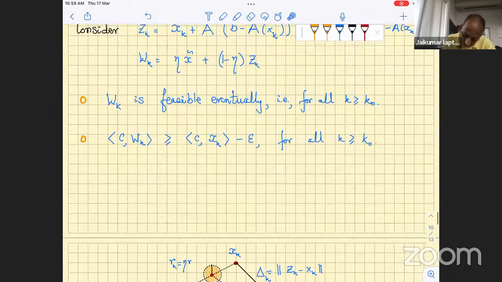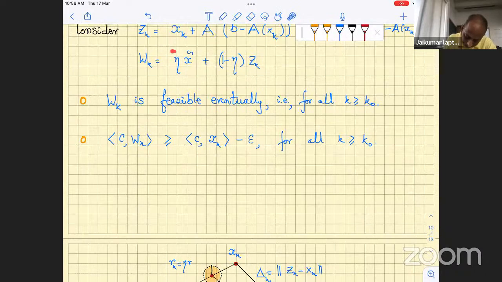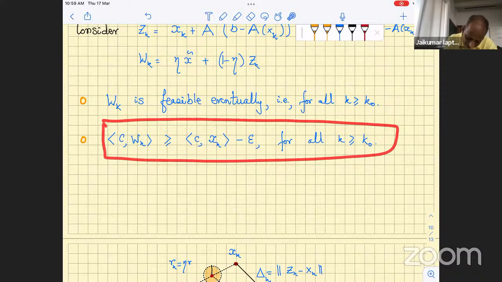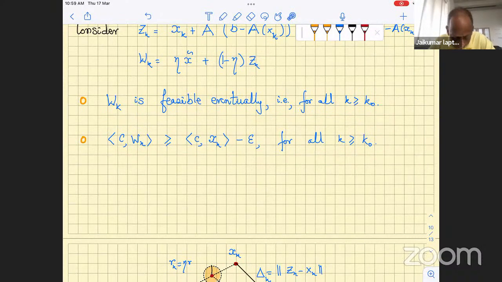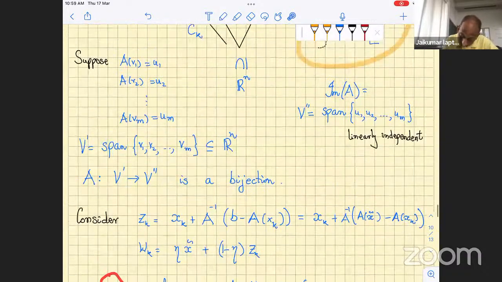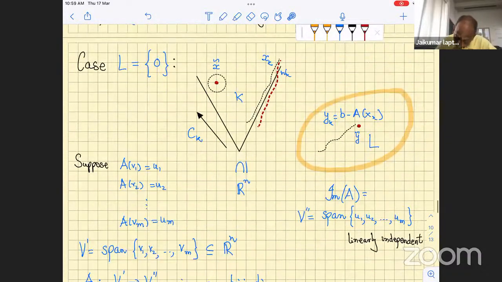Okay. So what we will show is that again we will choose eta small enough so that there is not a great damage done to the objective function, and we will show that these points wk. What are wk? Maybe I should draw them. There were these zk's which were constructed.